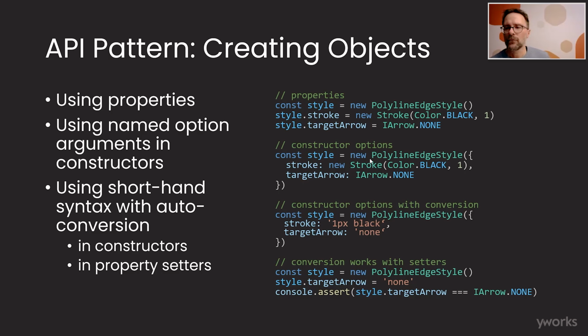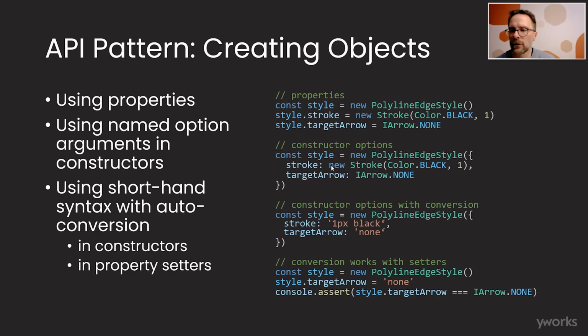Alternatively, for most of the properties, those that are read-write, you can also specify a named option argument in the constructor, and the names of the keys in the option map to the properties. So these two calls are equivalent in that they will create a style instance which has a stroke and the target arrow assigned. And again, this syntax allows you to use shorthands.